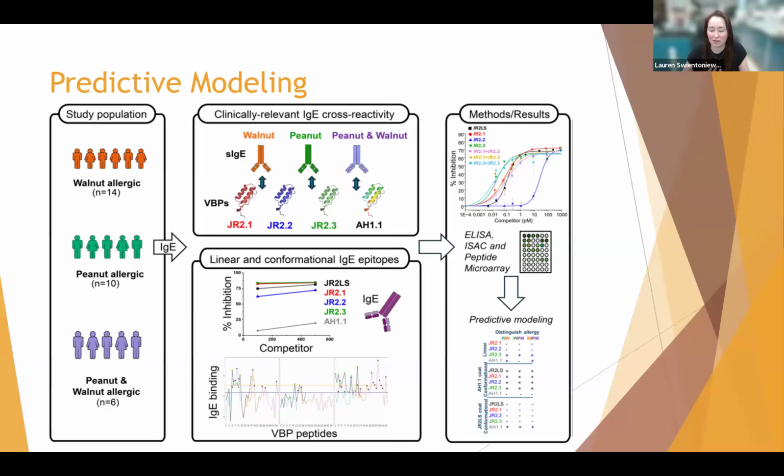I am not the professional on the very complicated coding that he does for this. I know it in general, but his name is Dr. Ian Rambo, and he can use this data, and we can help predict whether, if your cells bind to this sequence versus this 3D structure, you're going to have a peanut or walnut allergy, or maybe you're going to have both.